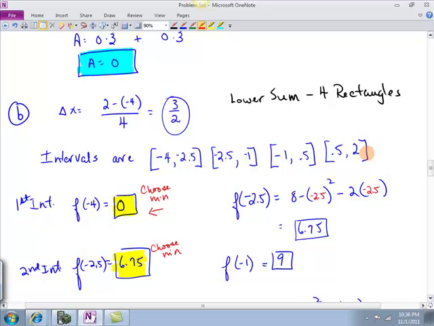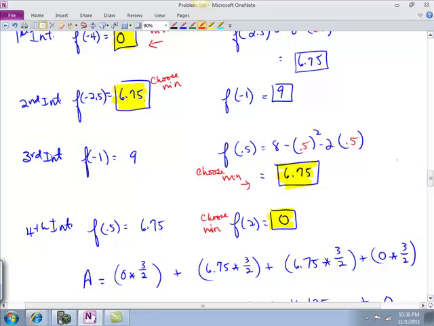So here's my intervals. In the first interval, evaluate f of negative 4 and evaluate f of negative 2.5. And I already knew what that one was, but I went ahead and plugged in the negative 2.5. I got 6.75. Same for this interval. I had to do negative 2.5 and negative 1. There's the min. I do it in the third and fourth intervals as well.